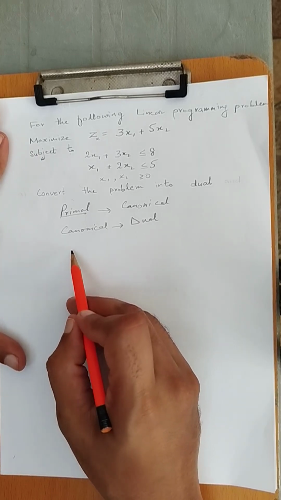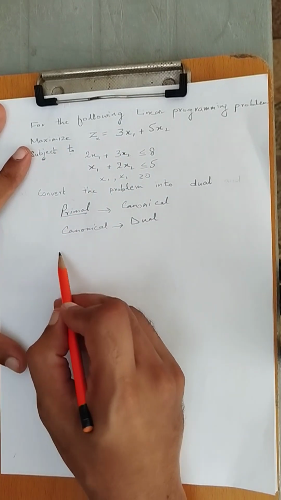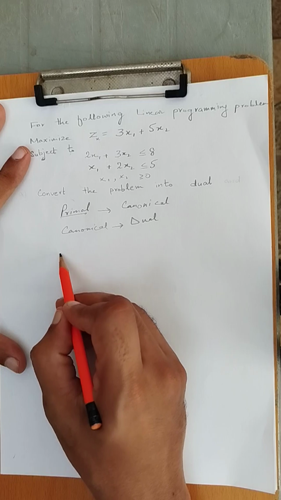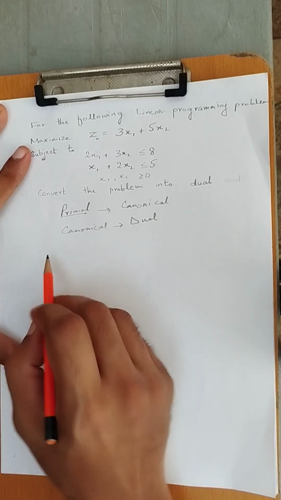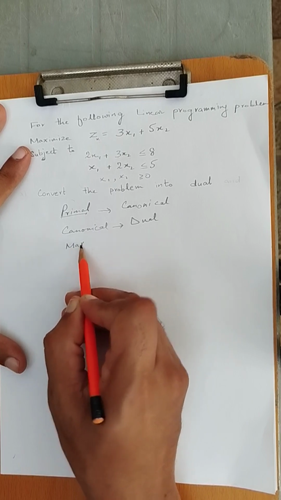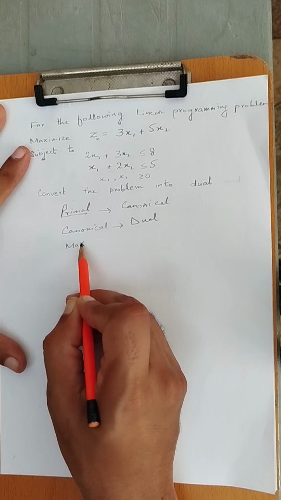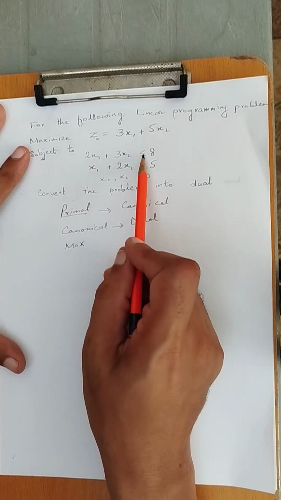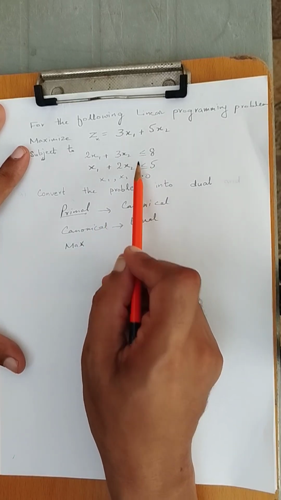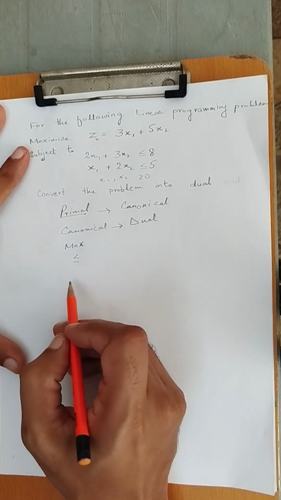There are a few important aspects of canonical. One is, whenever there is a profit maximization function, in the canonical the constraints of the profit maximization function must be less than or equal to.